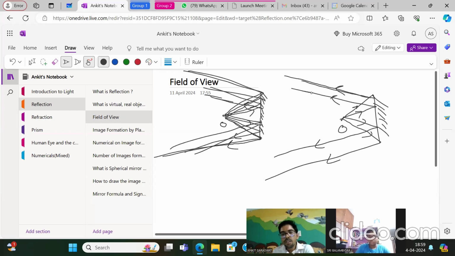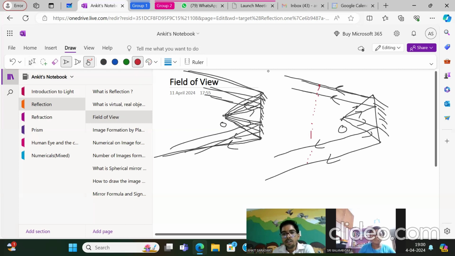So what is the meaning of field of view? This is incident ray, these are the incident rays, and this is the reflected ray, this is reflected ray. Here n number of reflected rays will be present. So image is formed by whom? Reflected ray.